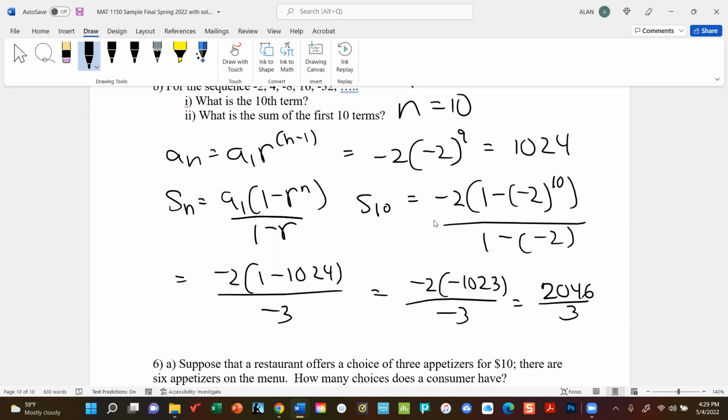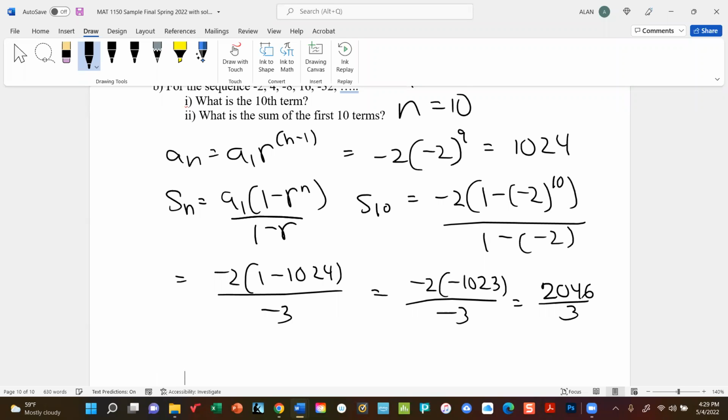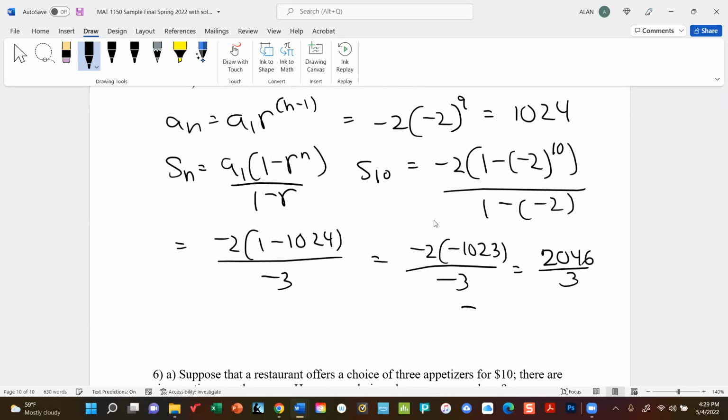So 2046 over 3 is equal to 682. Very nice.